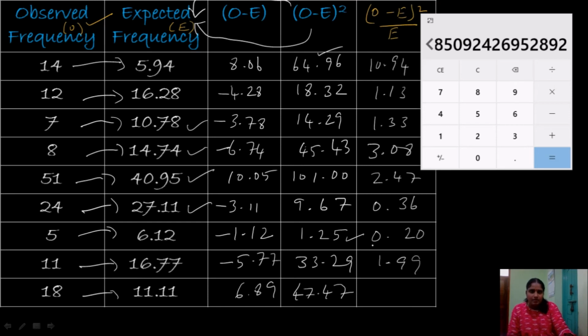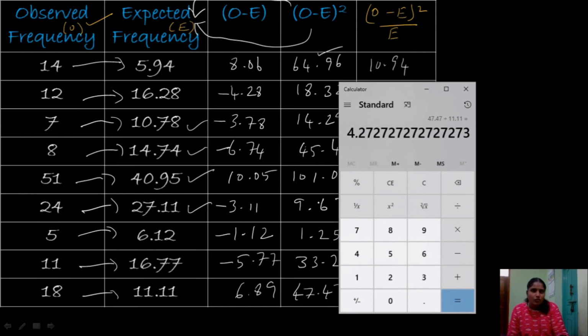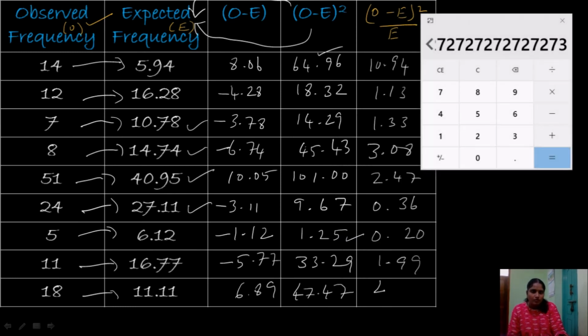Then last, by dividing 47.47 by 11.11, you get the value as 4.27. So we calculate the ratio of observed minus expected whole square over E.